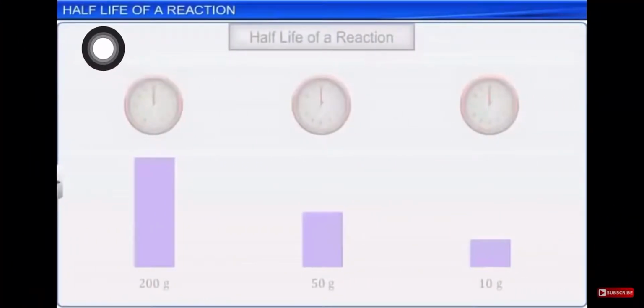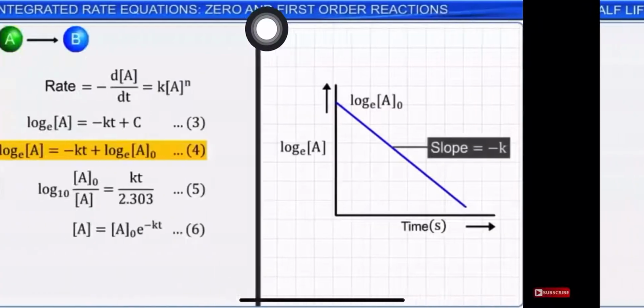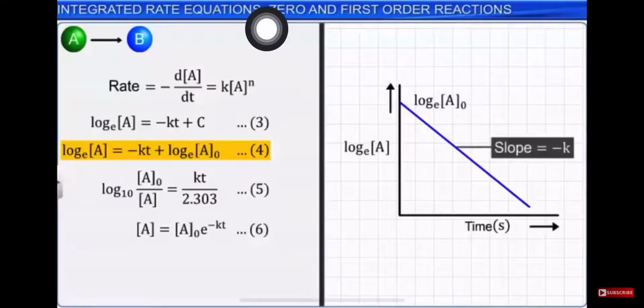Next time we are going to see about the half-life of the reaction. This time we have seen all about first order reaction and zero order reaction, and we have also plotted the graph for the same.